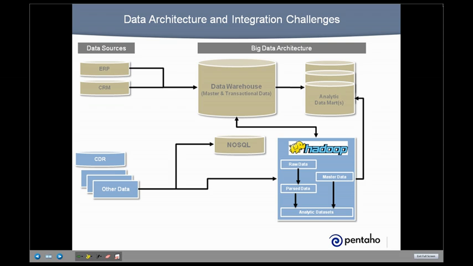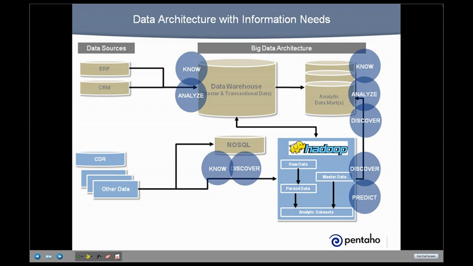Now, if we look at the impact and the information needs, where they sit in this architecture, and the kind of tools that you will most likely need on top of these, this is the picture we've been seeing.